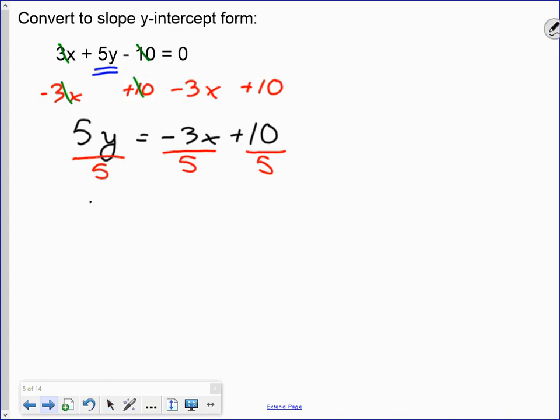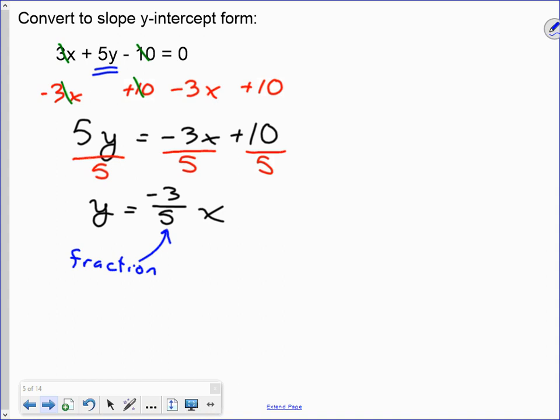So I will be left with y on the left. For this term here, negative 3 divided by 5, I'm just going to leave that as a fraction. Negative 3 over 5x. Okay? Because if we leave our slope as a fraction, it tells us our rise and our run.